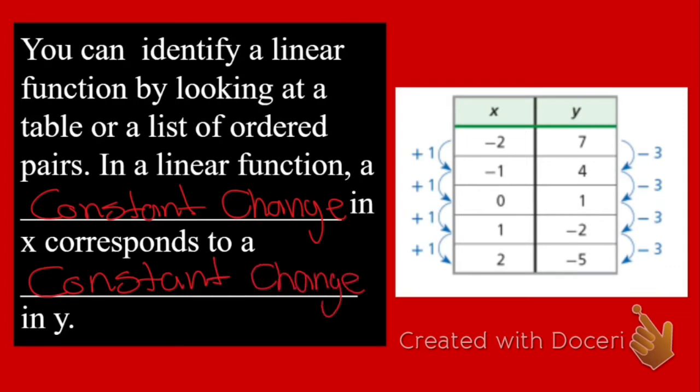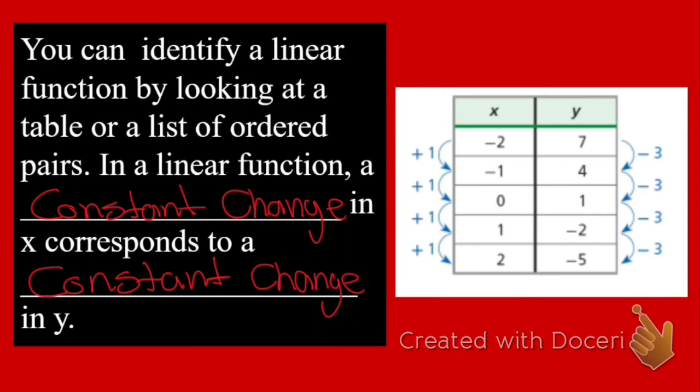If you look at the example, you'll notice how on my x side, every number increased by 1. And then I look at my y side, everything on this side decreased by 3. So what we should notice is that everything on this side is doing the same thing, everything on this side is doing the same thing, and because of that, they're changing at what we consider to be a constant rate. So that's what we're looking for it to be linear.